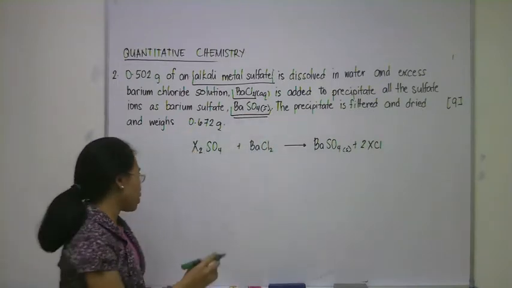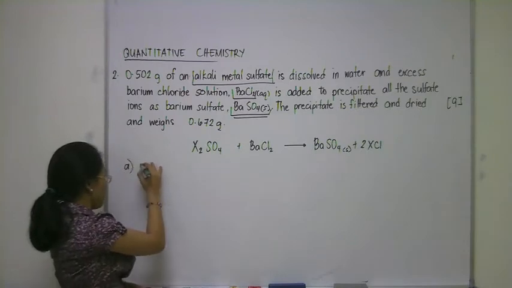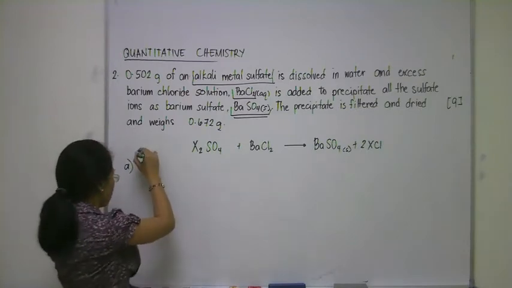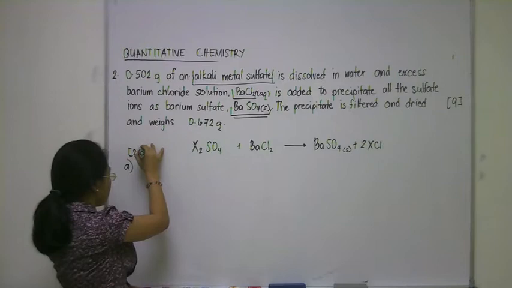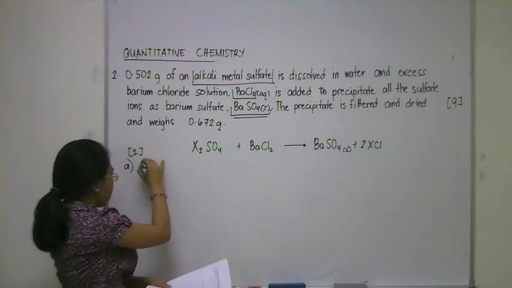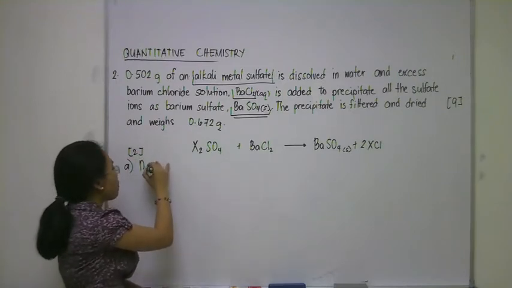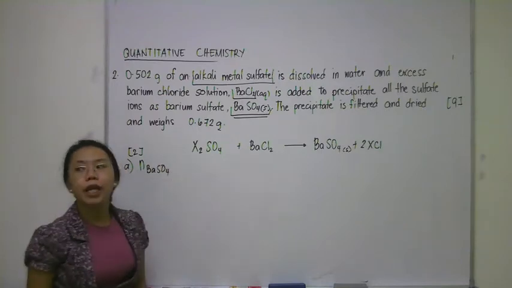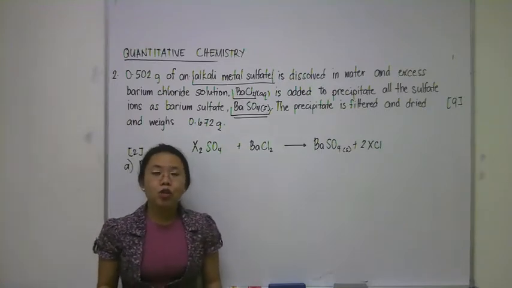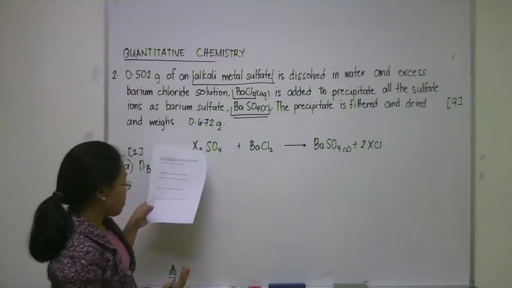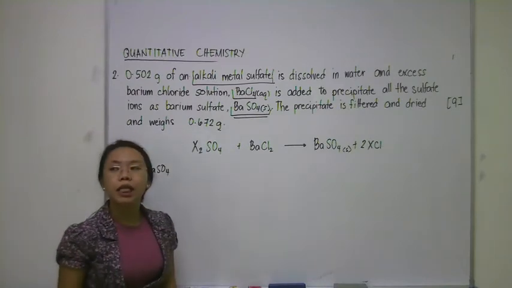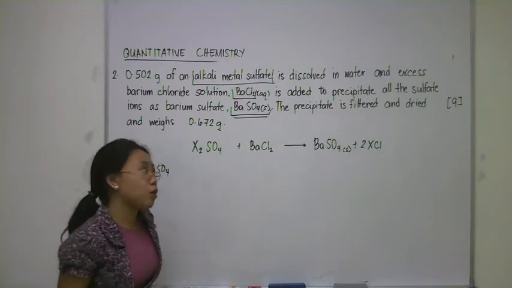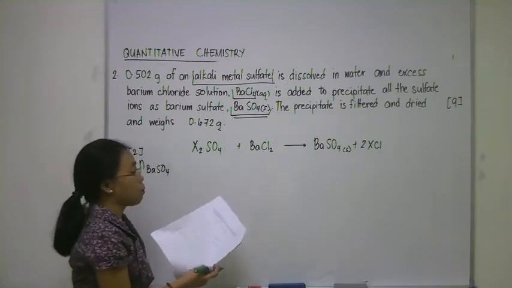Now for the first question, for 2 marks, you were asked to calculate the moles or amount of barium sulfate formed in the reaction. On the problem, what are the given data that can be used to calculate the moles of barium sulfate?